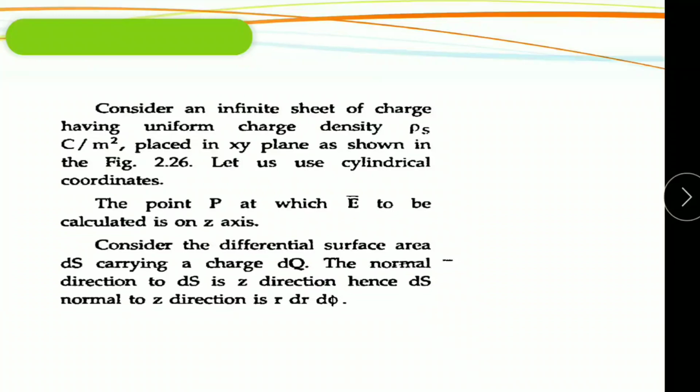Simply, length is equal to r d phi and the breadth is equal to dr. So the surface area according to the cylindrical coordinate system along the z direction is equal to r dr d phi.